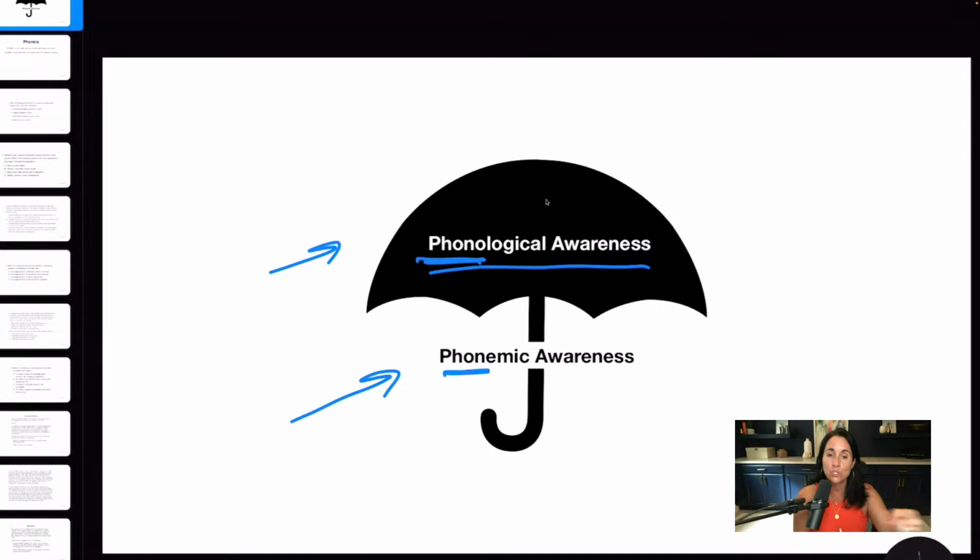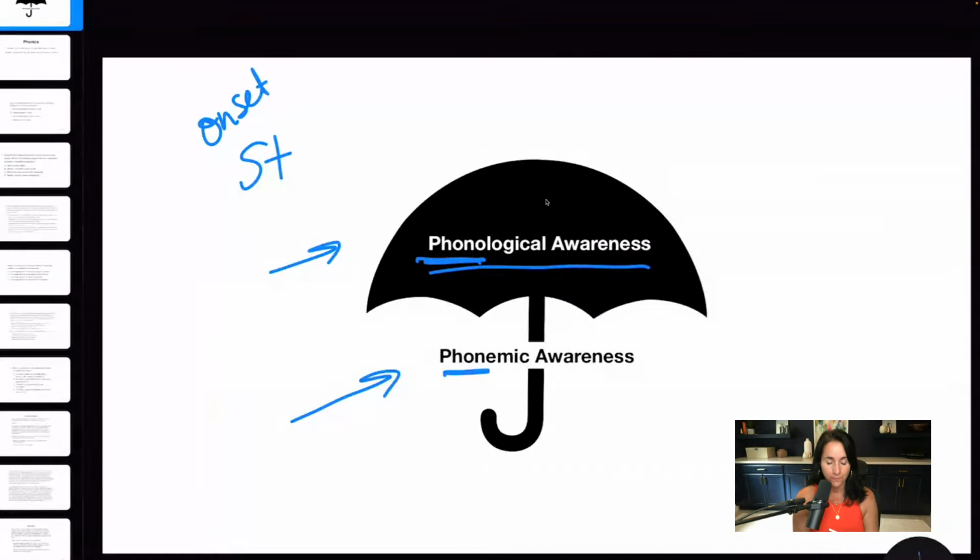But if I were doing this with students, I wouldn't be writing it. I would say to students, say stick, and they would say stick. And I might say stick with just the onset of stick. And they would say st, because the onset is the consonant cluster at the beginning of the word.